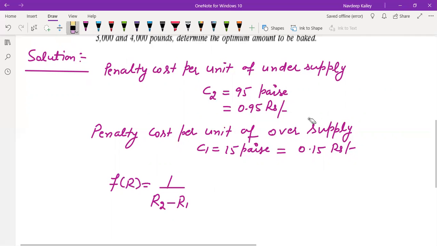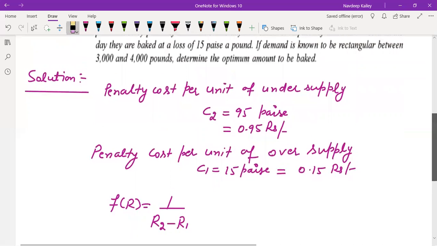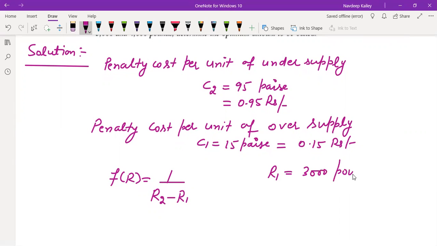Here demands are given in the question: demand is between 3,000 and 4,000 pounds, that is R1 is 3,000 pounds and R2 is 4,000 pounds.